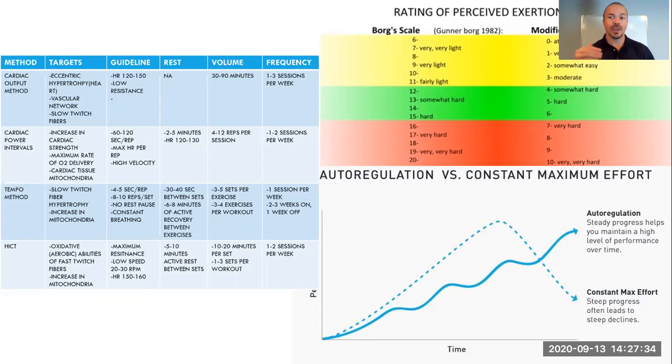So checking in with our athletes and taking multiple factors into consideration is going to be a great way to double check our work and make sure that we are in basically the training zone that we intend to be in.